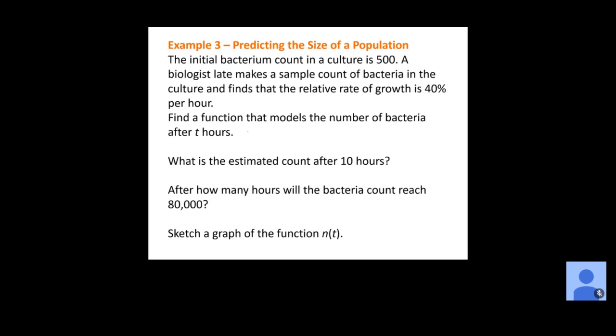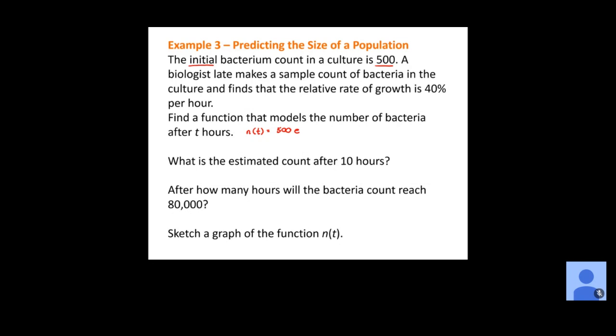So again, we're starting with N of t. We need our initial population. Our initial population this time is going to be 500. It tells us the initial count is 500, so that's our N sub 0. Now this time, because we're given a rate of growth, we're going to use that base e instead.